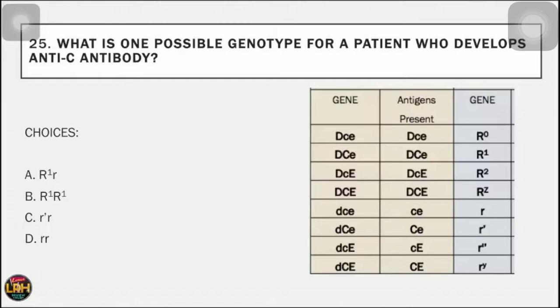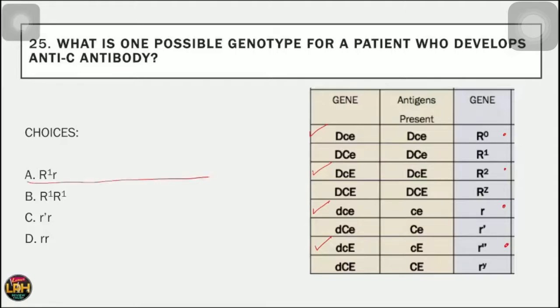Using the table here, this gene does not code for the big C antigen. This one as well, here, and this. So we have 4 possible choices. Using these genes, we want to check if this combination can produce big C antigen.